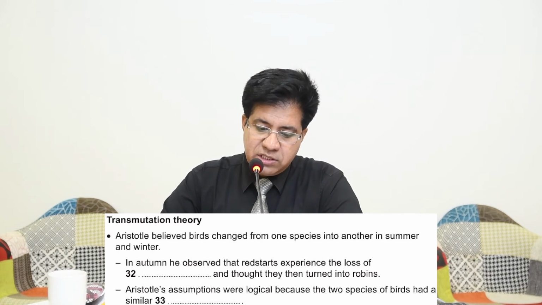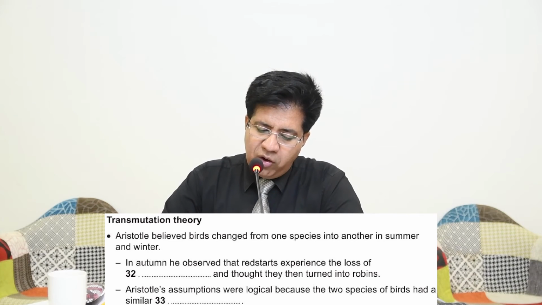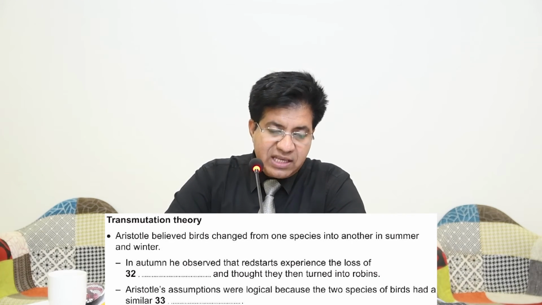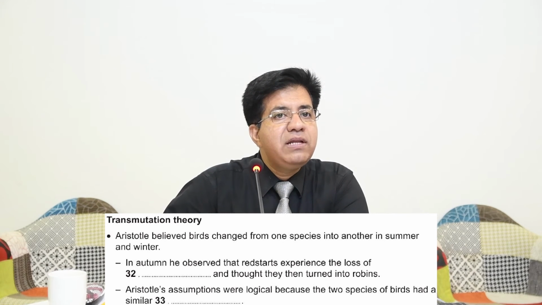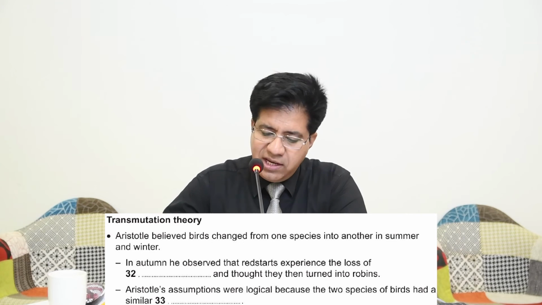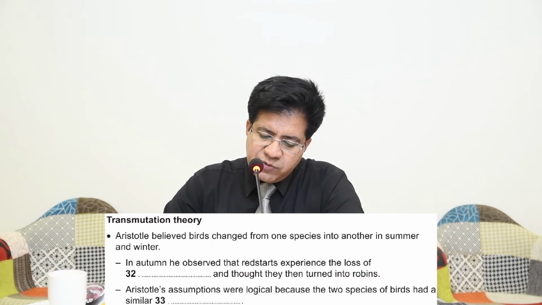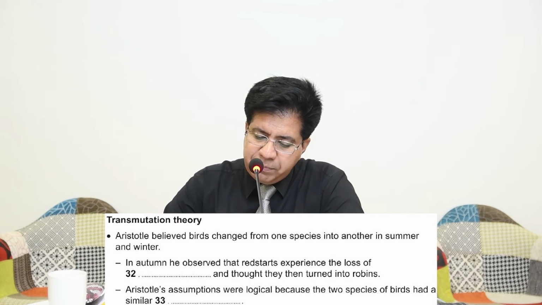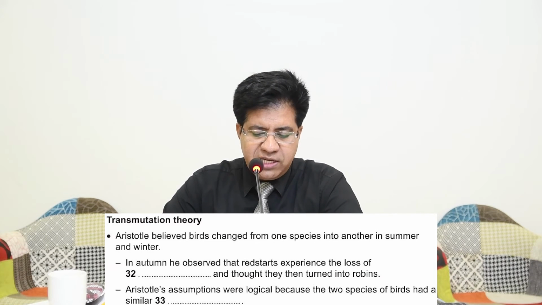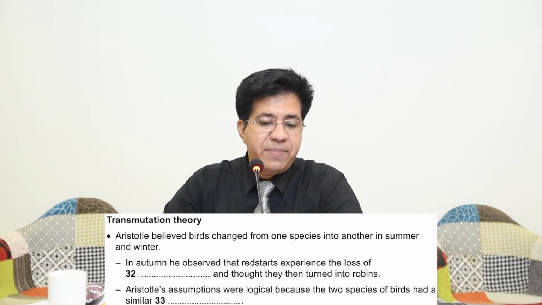Aristotle's assumptions were logical because the two species of birds had a similar something. For example, similar color, similar texture, similar size, right? And what are those two species? Redstarts and robins.